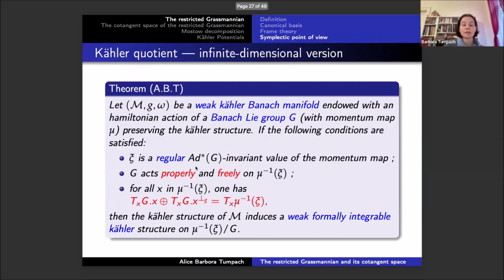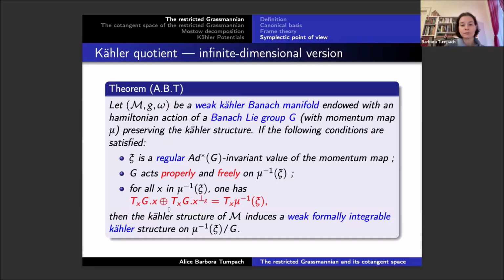In the infinite dimensional case, we have the analogous theorem, but we have to add a condition on the tangent space of the orbit. Remember that in the case of a weak Riemannian metric, in general, a space and its orthogonal for this weak Riemannian metric are not in direct sum in the ambient space.